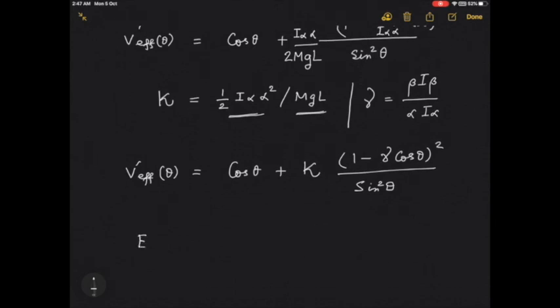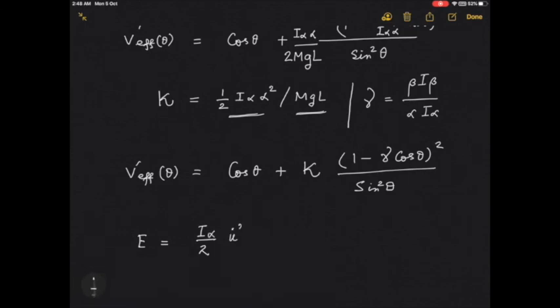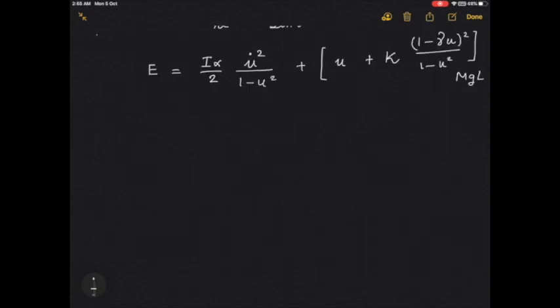So the energy is I alpha by 2, sorry. So I can rearrange this.